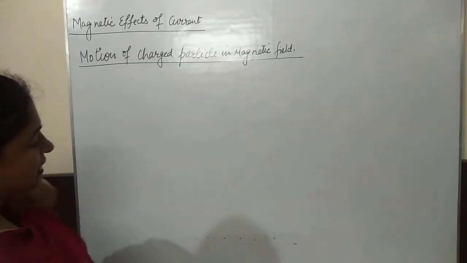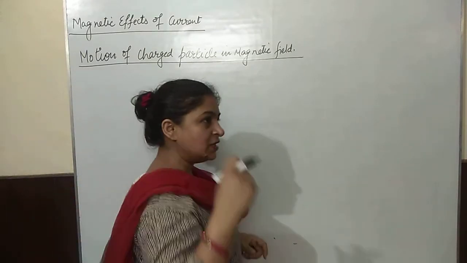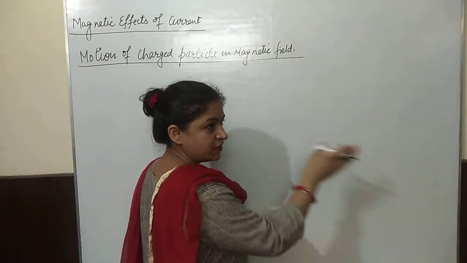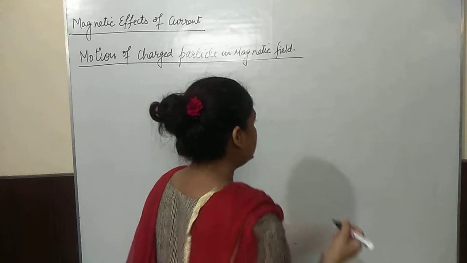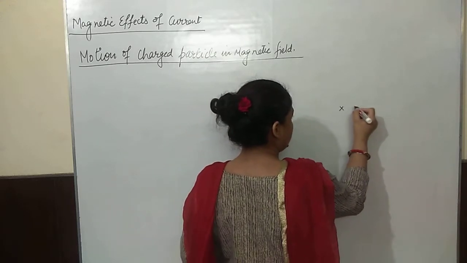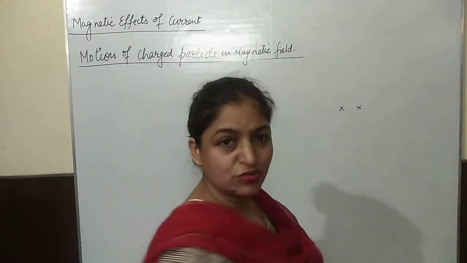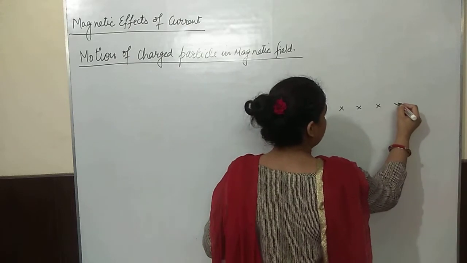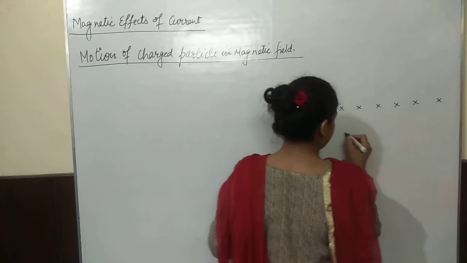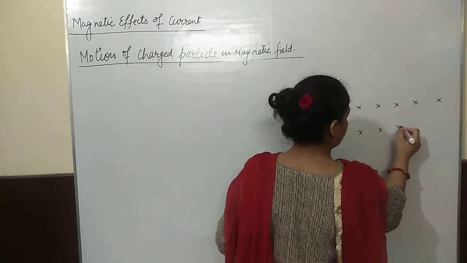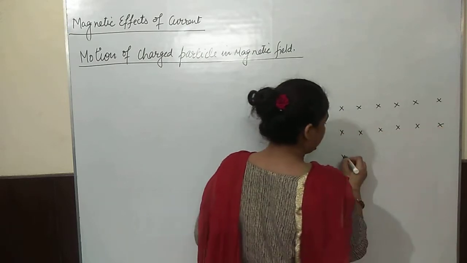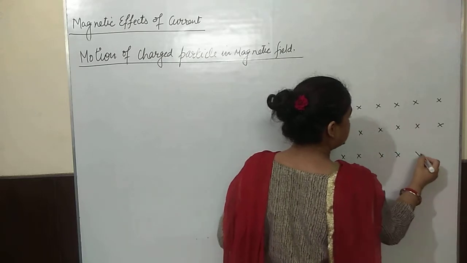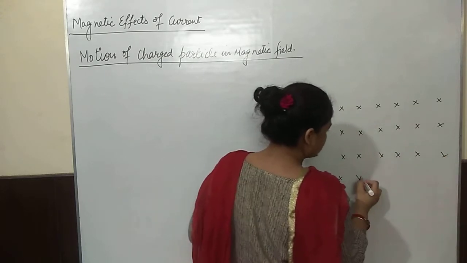Now let us consider some magnetic field. We can consider a magnetic field perpendicular to the plane, and let us use crosses for the magnetic field, and we know that crosses are used for inward directions. These crosses show that the magnetic field is inwards and perpendicular to this board.